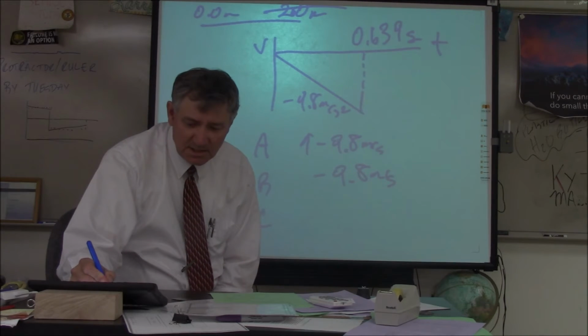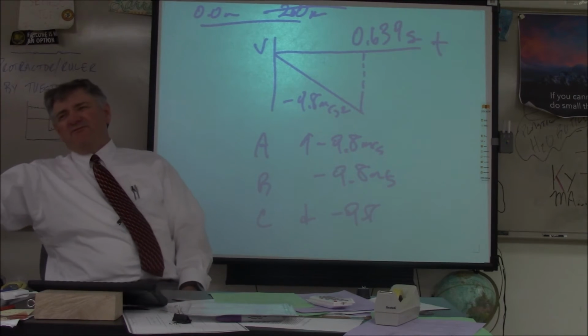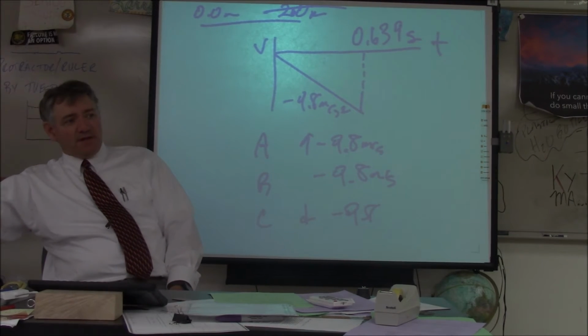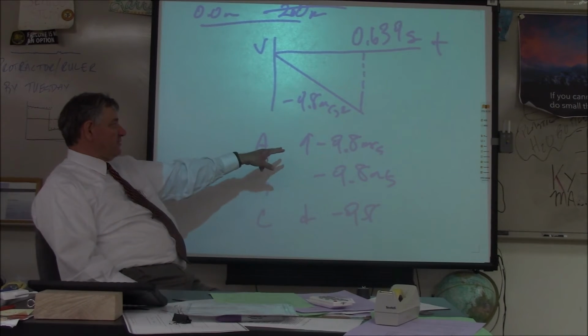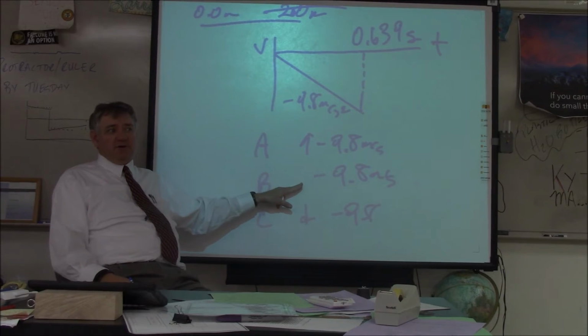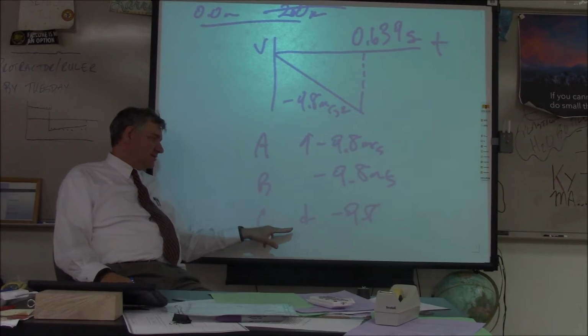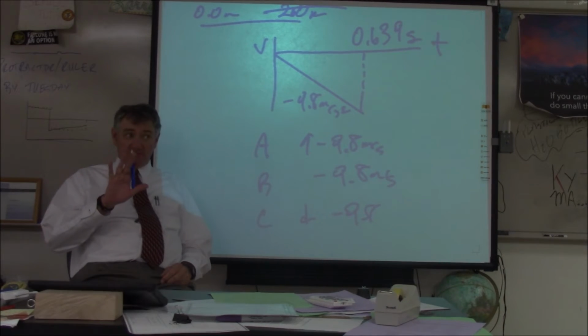Option C is going less than -9.8, like -6, -7, something like that. So at the point of impact, it's either going faster than -9.8, exactly -9.8, or less than -9.8 meters per second. Okay? Those are your options.